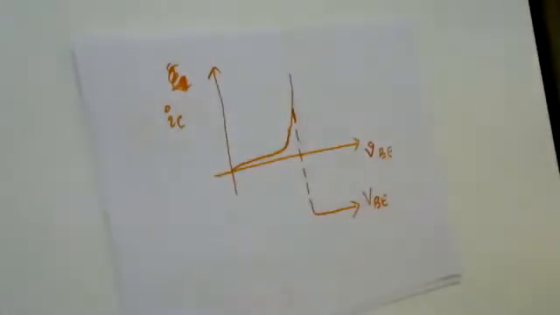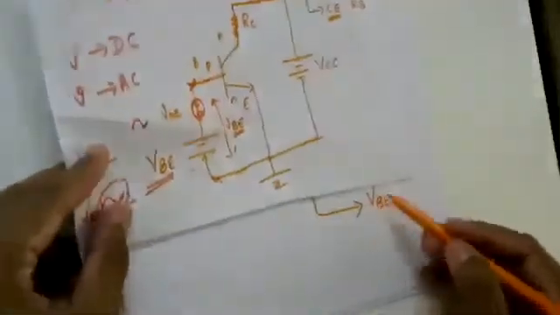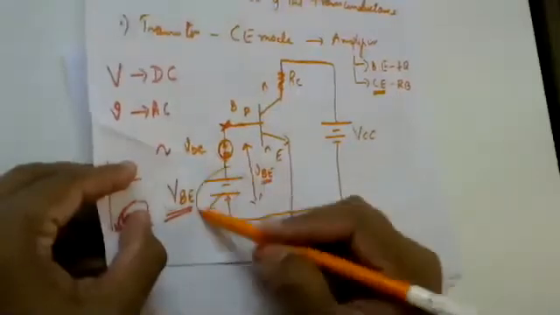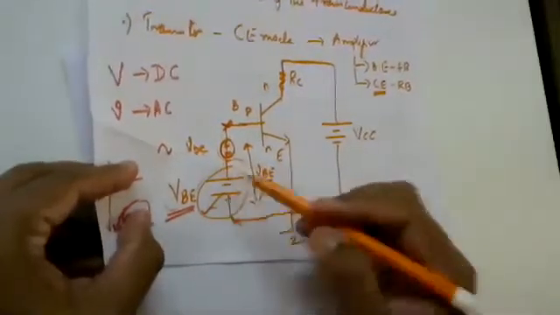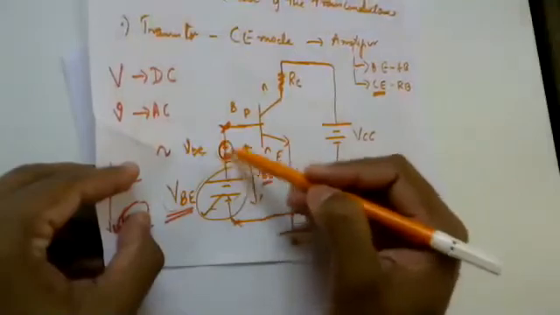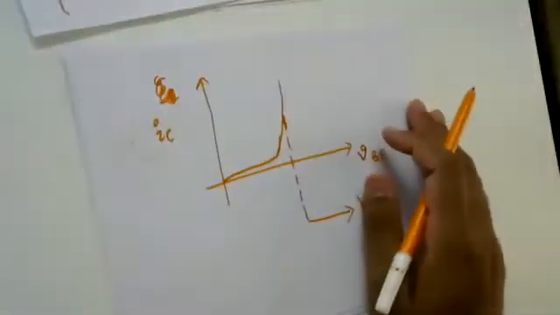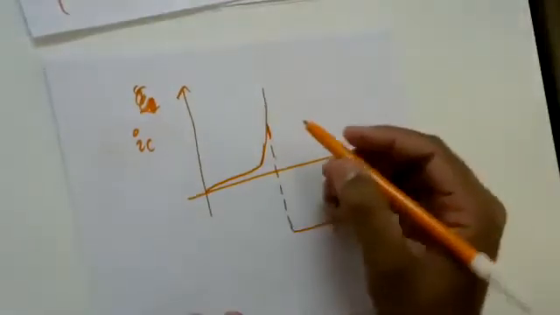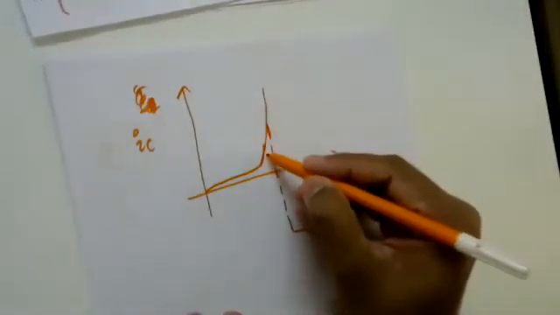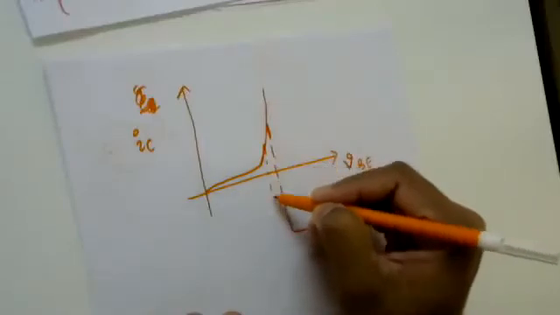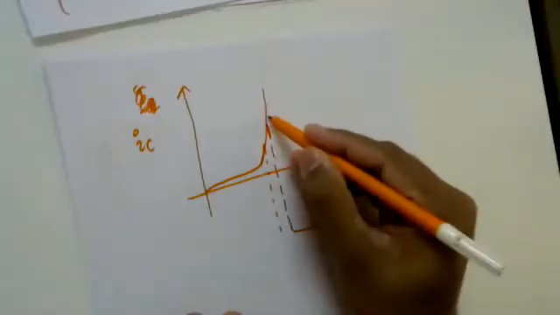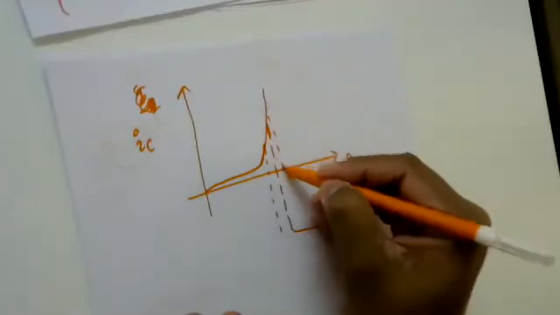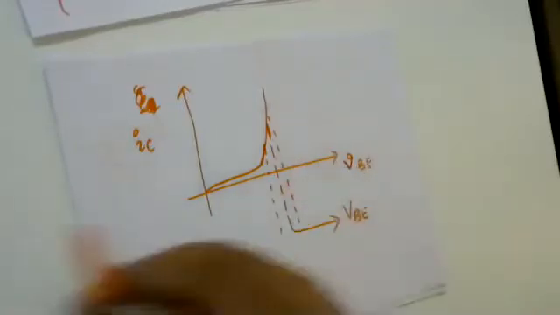In terms of my circuit diagram, this VBE that I've written here represents this DC source, a biasing voltage. And this AC signal, which is applied between the base and the emitter, is a small signal.